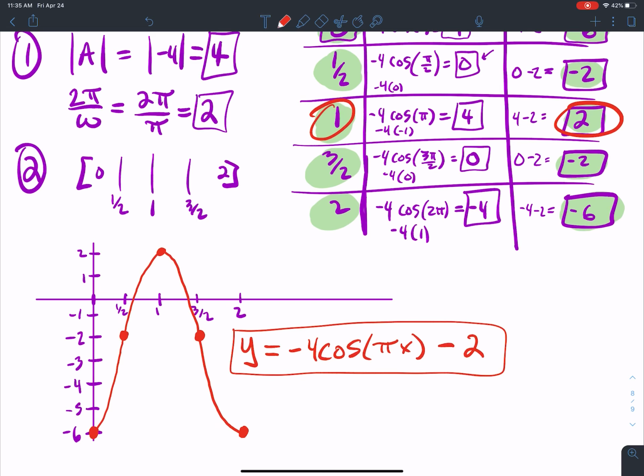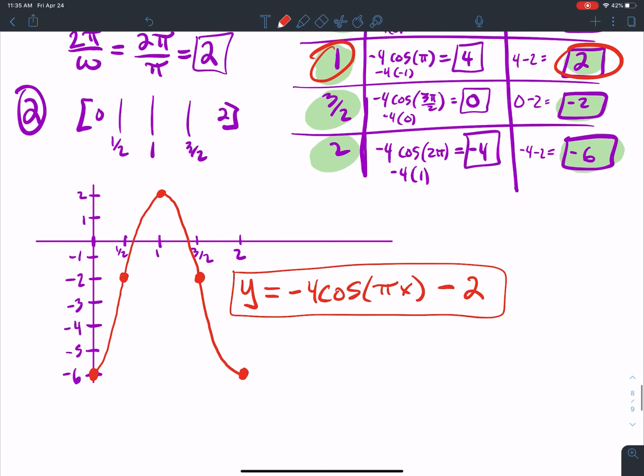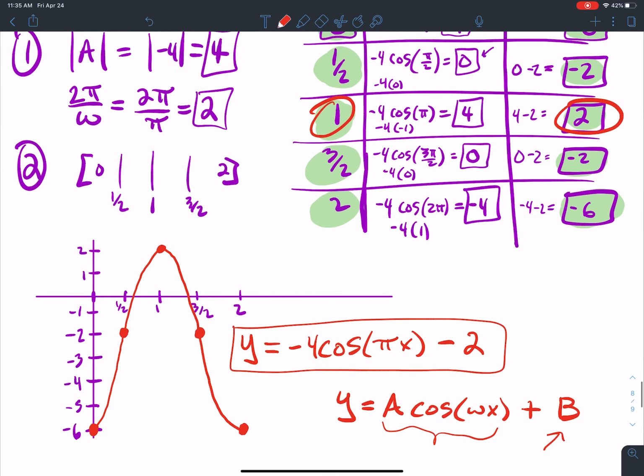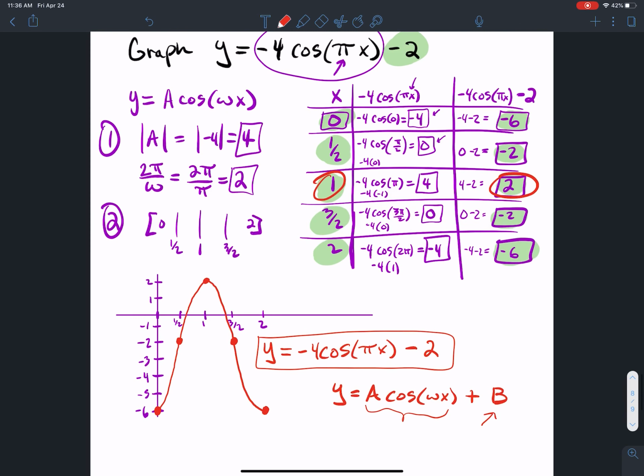So basically, what we've got here is a y equals a cosine omega x plus some vertical shift. So figure out what this is equal to, and then once you get all that, you can plus or minus whatever your shift is. So literally, had we tried to graph this one right here, what would have happened?